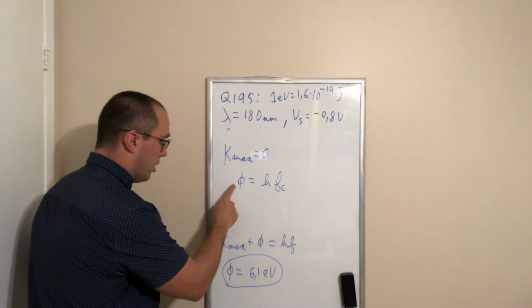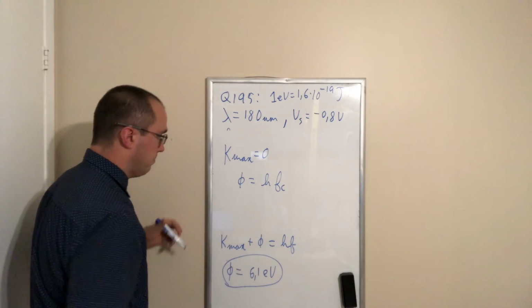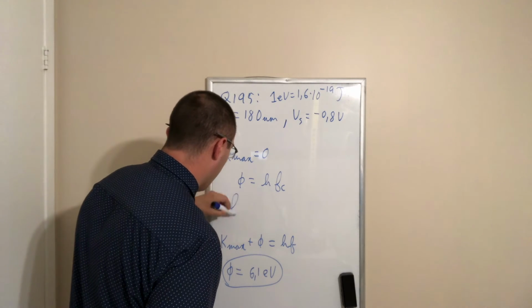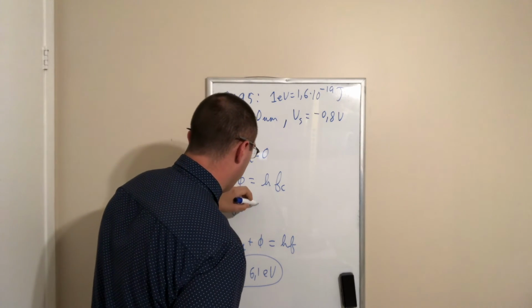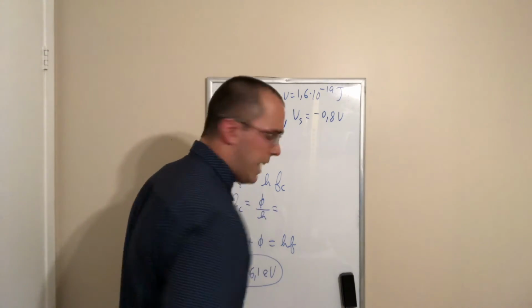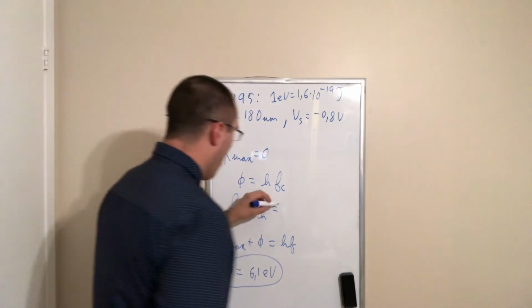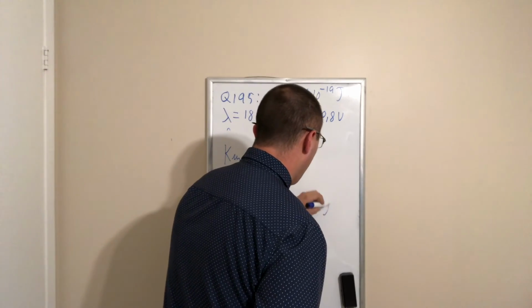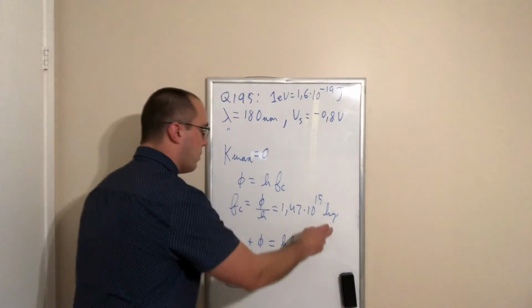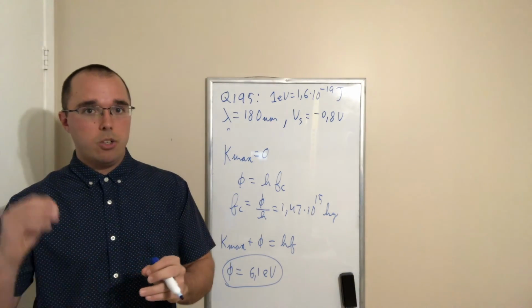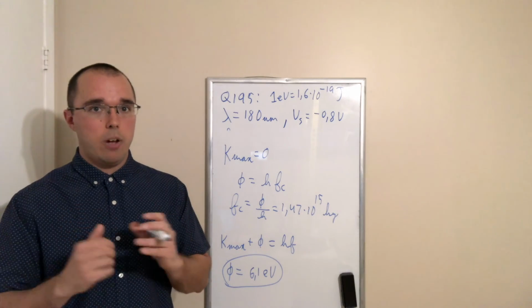Now we got the work function, it is 6.1. So the cutoff frequency is equal to the work function divided by the Planck constant, and we get 1.47 multiplied by 10 to the power 15 hertz. So at that frequency, the photon has barely enough energy to extract the electron from the metal.